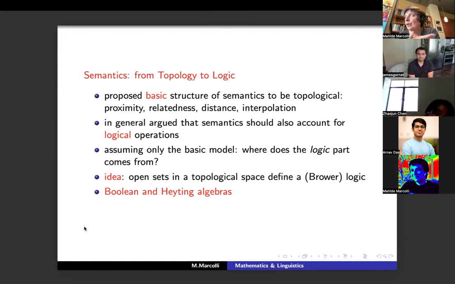That's why very often people in linguistics who work in semantics, semanticists, are not so happy about the very simple models of semantics where you only want to account for some kind of proximity, like the vector space models of semantics that are used in computational linguistics, because they want semantics to also be accountable for some kind of logic.